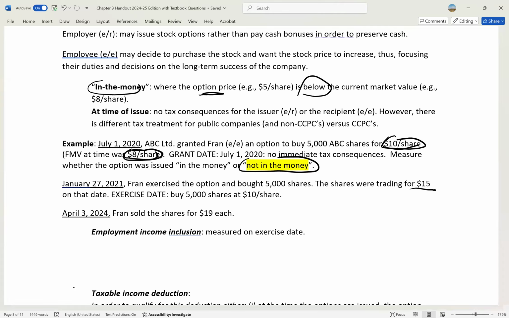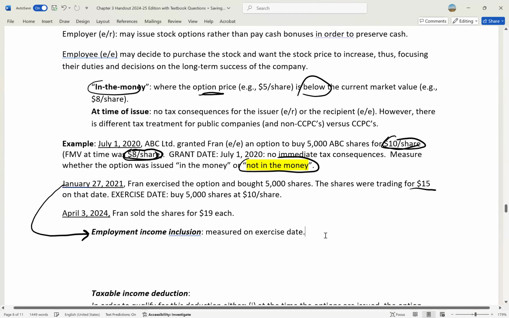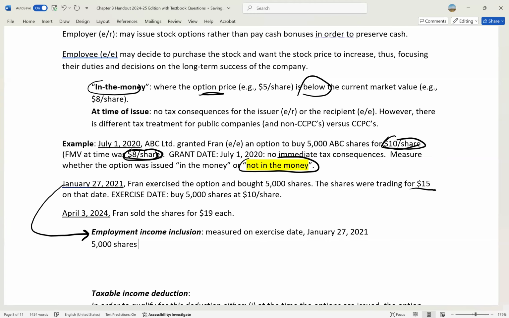So on the exercise date, we have to calculate this employment income inclusion. This is measured on the exercise date being January 27th, 2021. And so for this employment income inclusion, we take the number of shares times the difference between the fair market value and the price she paid, which makes sense, right?